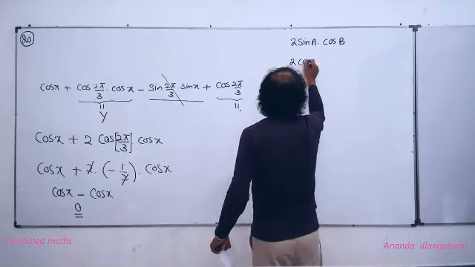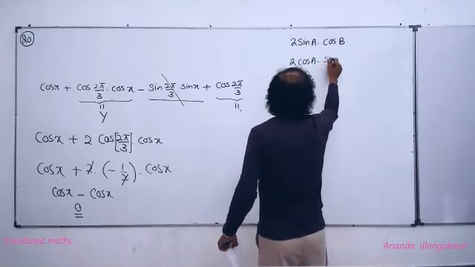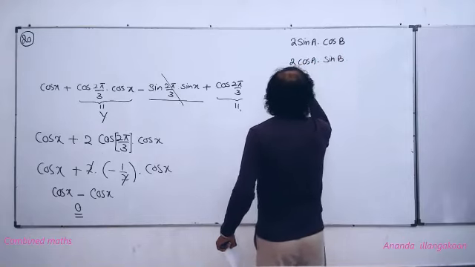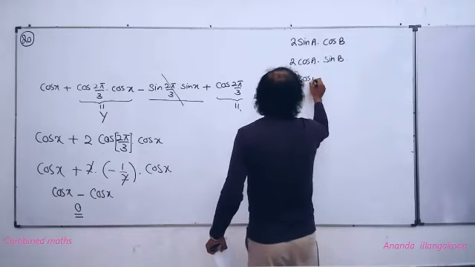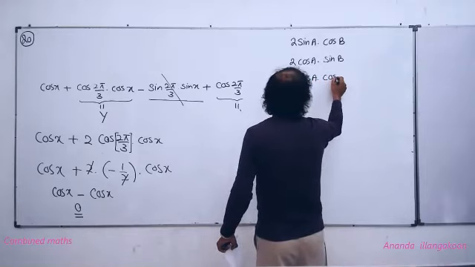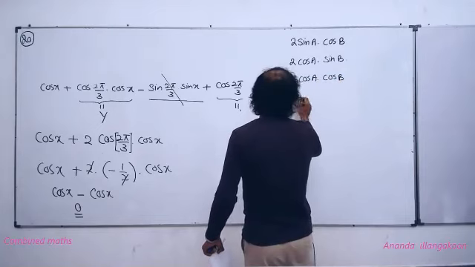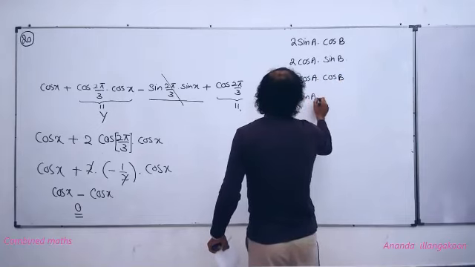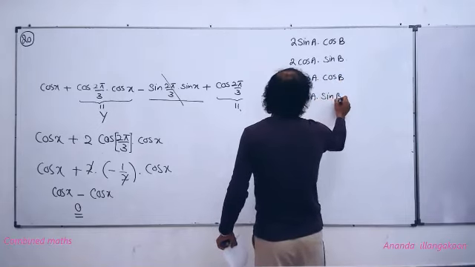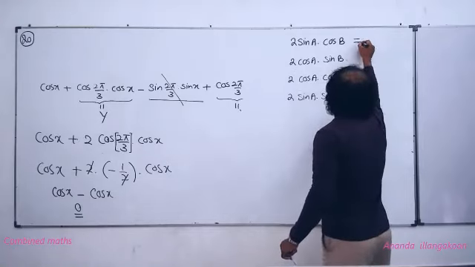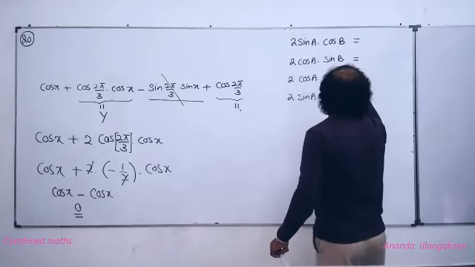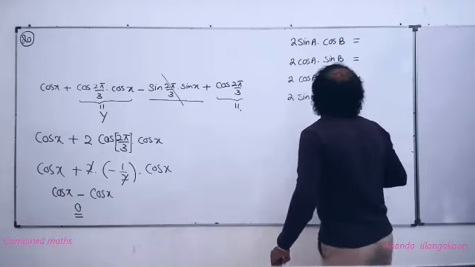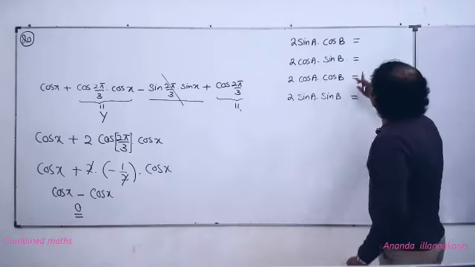Second one, 2 cos A sin B. Third one, 2 cos A cos B. Fourth one, 2 sin A sin B. They are the 4 formulae.